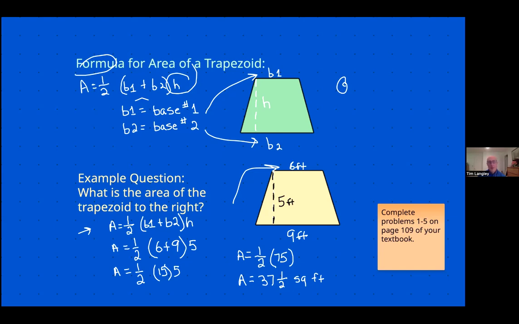Okay, so we've got our numbers here. I'm on the third step here, 1/2 times 6 plus 9. So I'm going to add 6 plus 9 and get 15. Okay. And then I can just punch that into my calculator. 0.5 times 15, get an answer, take that answer and times 5. And that will give me 75. And then times 1/2 is 37 and 1/2. And again, we're talking about area here. So now we are talking about square feet here.